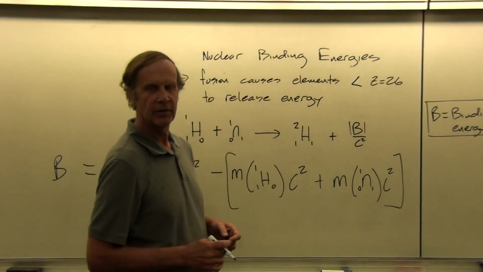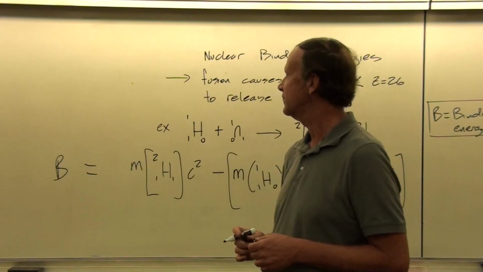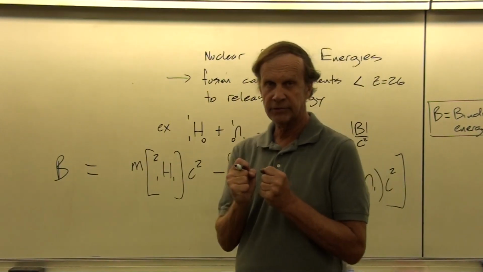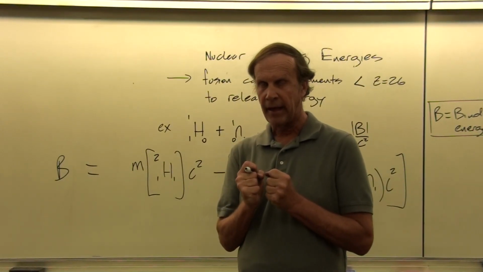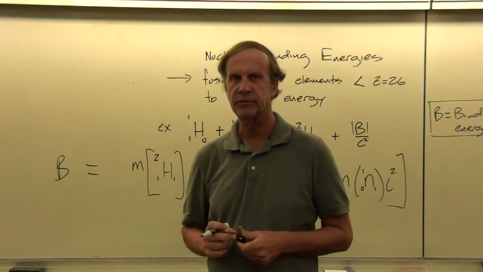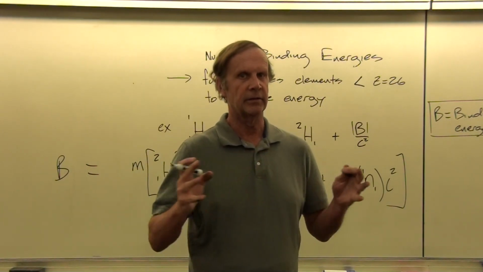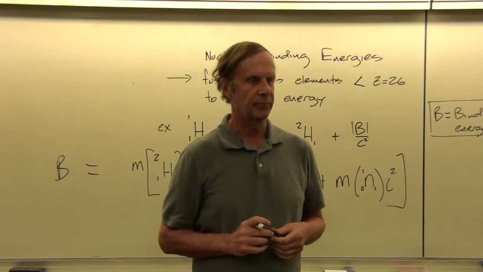All right, so last time we looked at how the strong nuclear force can cause nucleons to bind together and overcome the repulsive effects due to the protons that tend to make the nucleus want to fly apart.